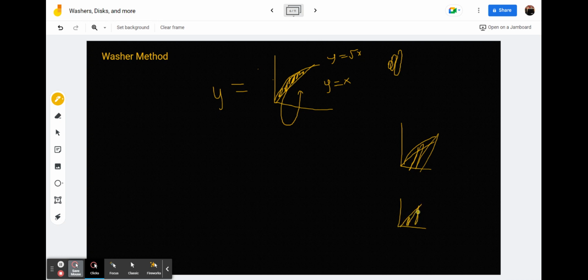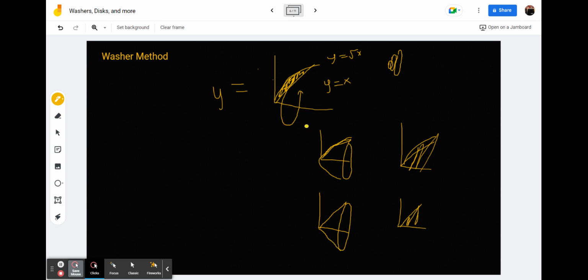In a similar way, the volume for this little area is actually going to be the volume of this bigger y equals root x spun around the x-axis, and from that, we subtract the volume of the smaller y equals x.